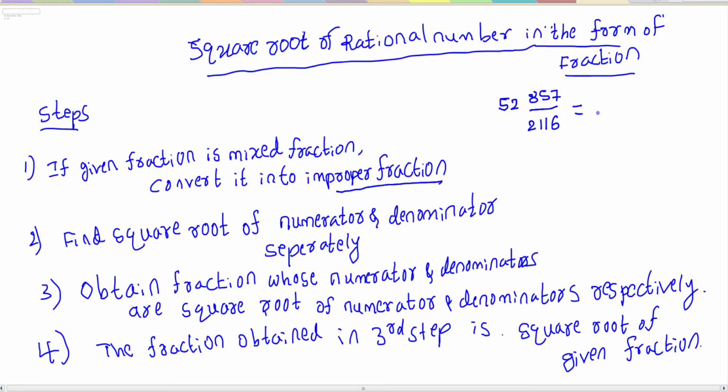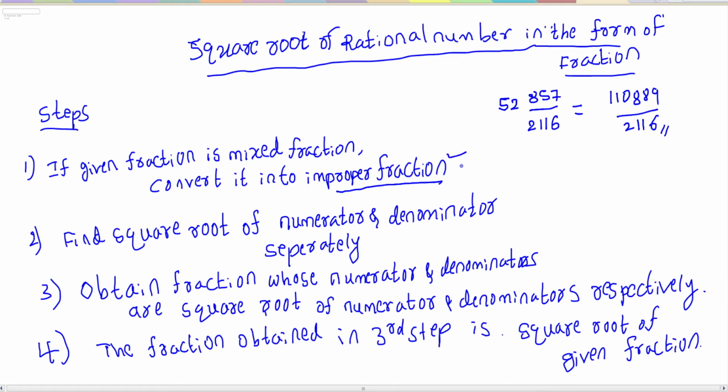What we can do, we can convert it to 2116 into 52 plus 857, that is equal to 110889 divided by 2116. Here this is an improper fraction.